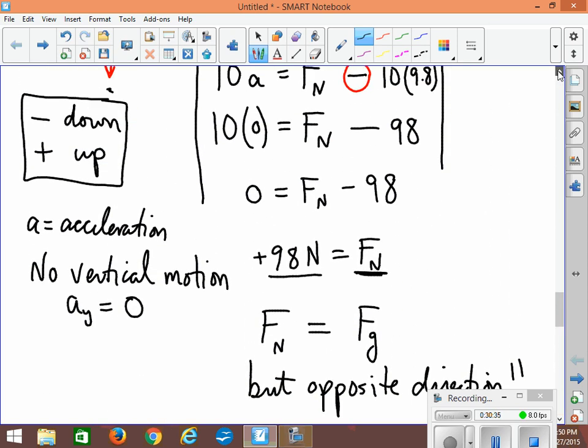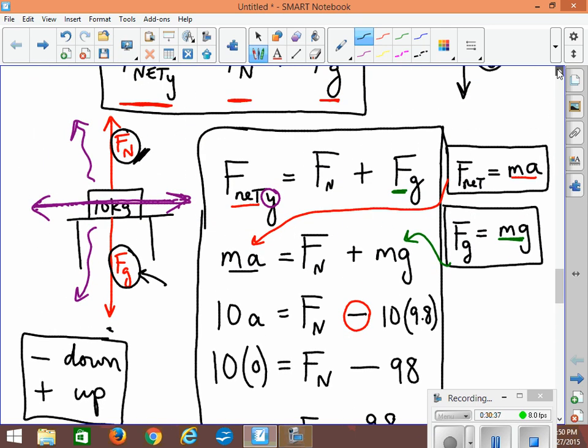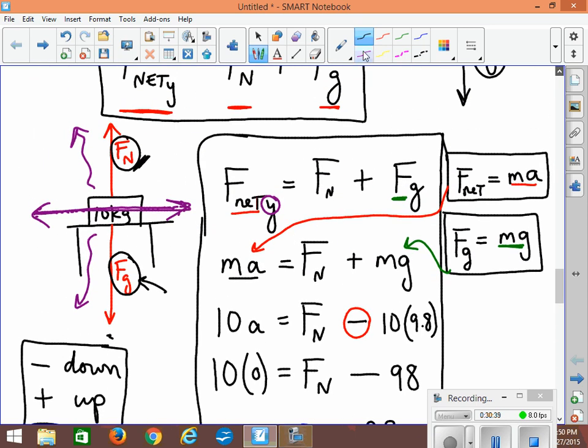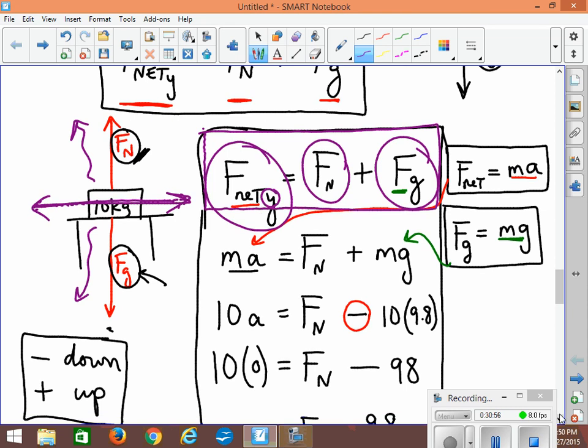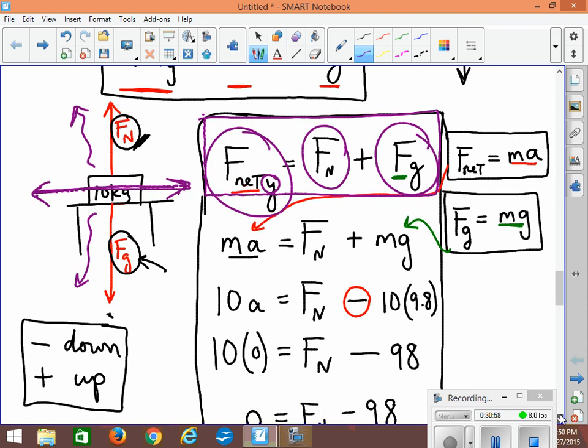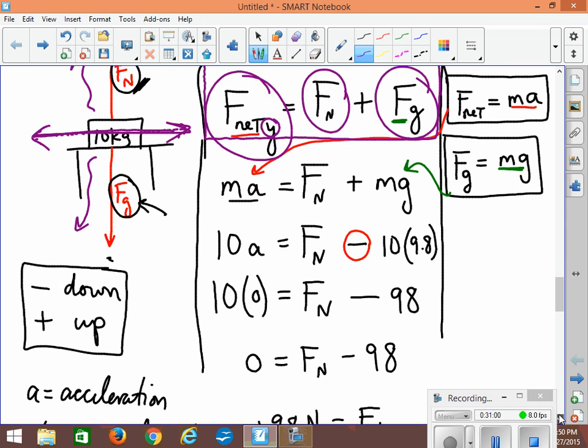Way up at the back, way over here. And I'm running out of colors, it's getting kind of complicated, but this is the net force equation, right? It basically says the total vertical forces equal the sum of the normal force and the gravity force. So that's what you would write next. That's going to be the same for every picture, for the ones that we do anyway.